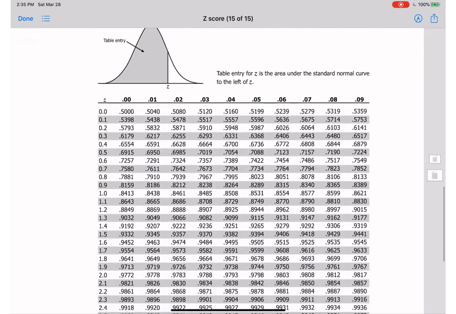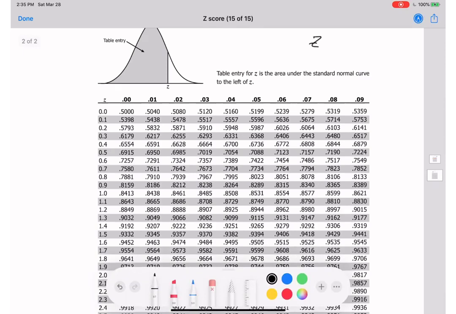Okay, let me take another one. Let's say we want to find the z-score with the value 0.9. What are we going to do in this case? We're going to take 0.9, here it is, and because in our case it's only 0.9, that means the second number is going to be 0 also, right?